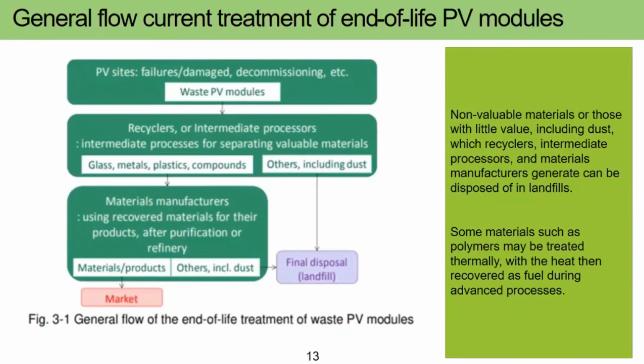After this process, we can receive materials like glass, metals, or plastics. The other residues include dust, and we recycle one more time, and after that we can receive a material or some products.